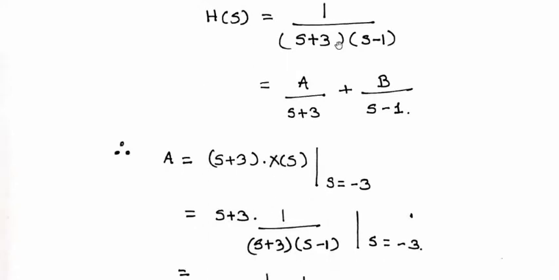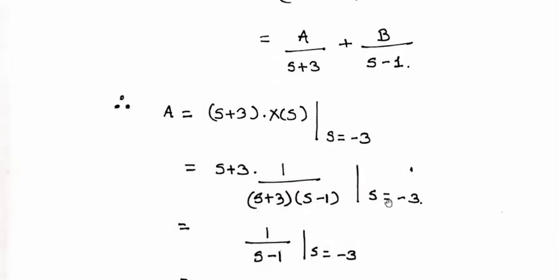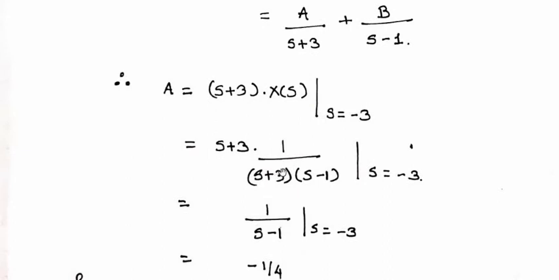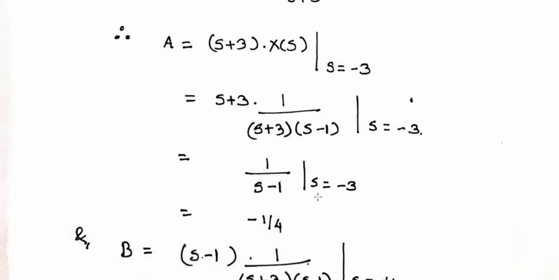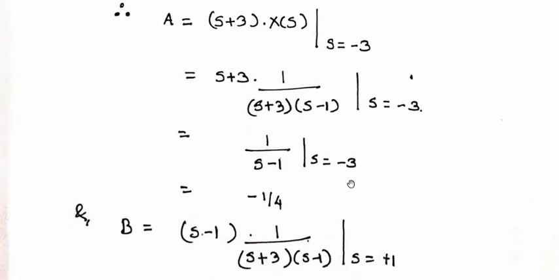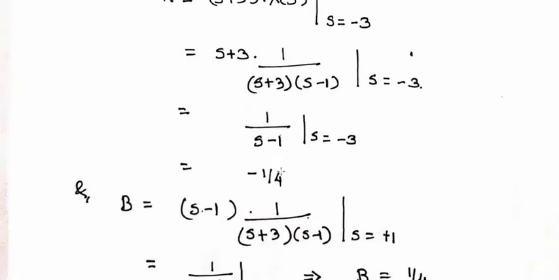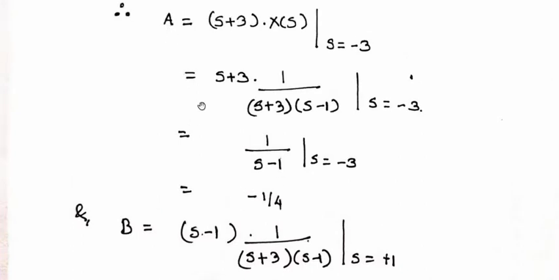So this is h of s in our problem, 1 upon s plus 3 into s minus 1, which is to be evaluated for s is equal to minus 3. This s plus 3 and this s plus 3 will get cancelled, and what is remaining is 1 upon s minus 1, which is to be evaluated for s is equal to minus 3. If we substitute s is equal to minus 3 here, minus 3 minus 1, the answer comes minus 1 by 4, and thus the value of a becomes minus 1 by 4.